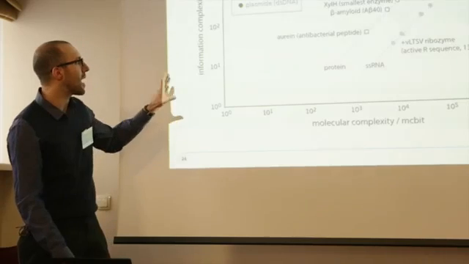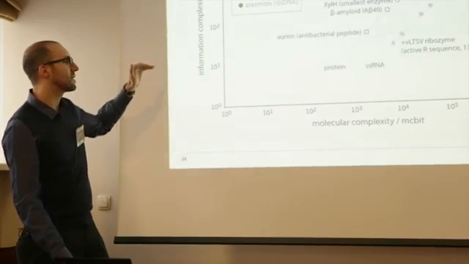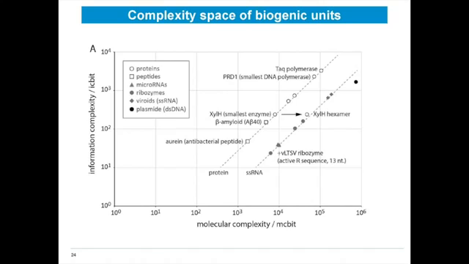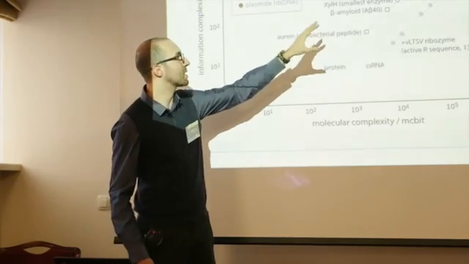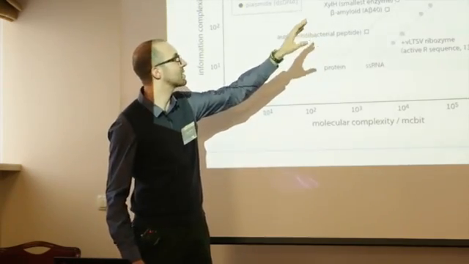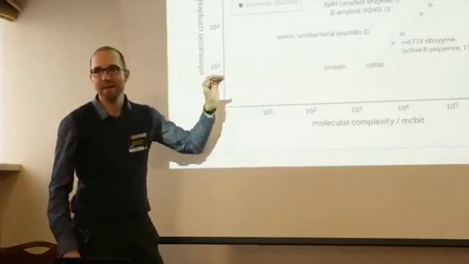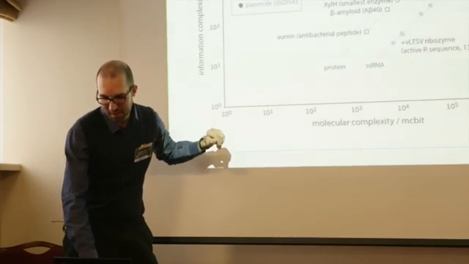So finally, we can map information complexity against molecular complexity and get this complexity space map, where we see how these biogenic units behave in this complexity space. And we see that we get small peptides, enzymes, and we can calculate exact values for everything.